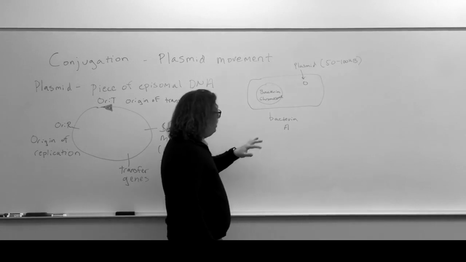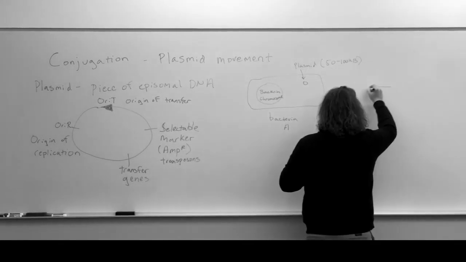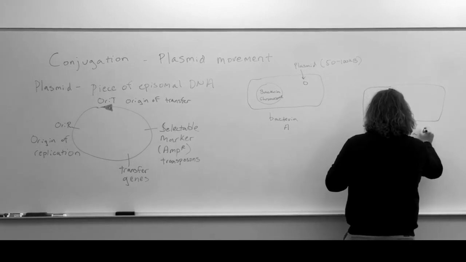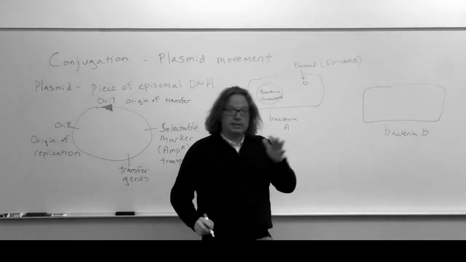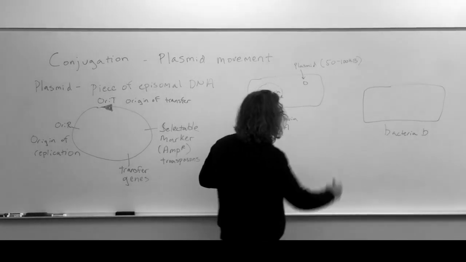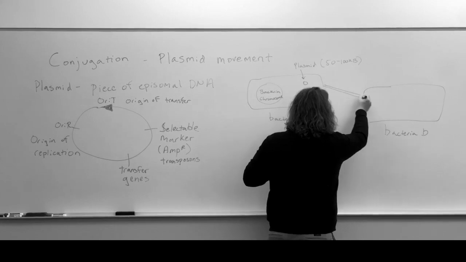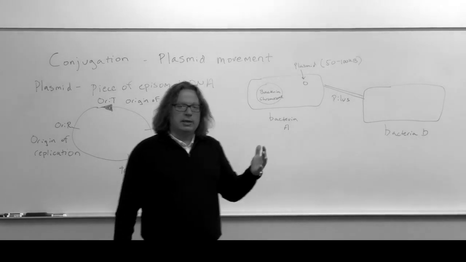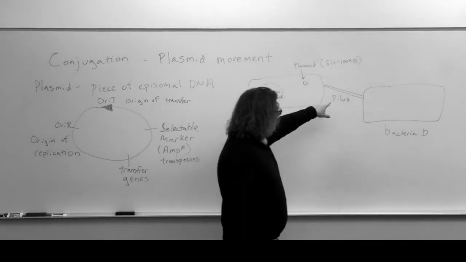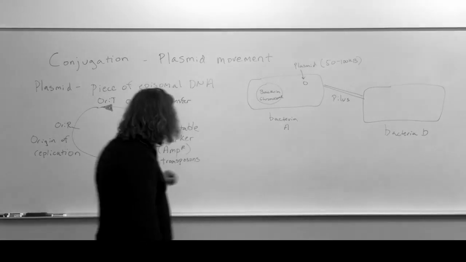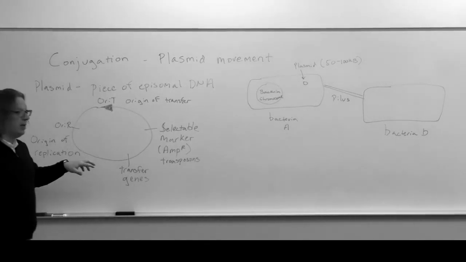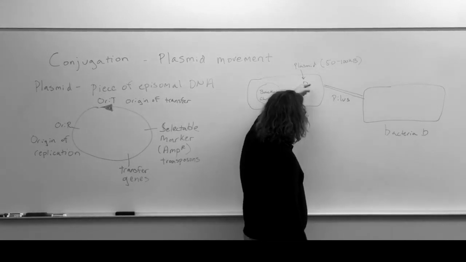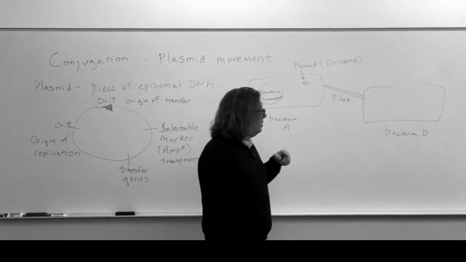And when bacteria A comes in contact with bacteria B, it can actually transfer the plasmid using a structure called a pilus. And this is essentially the conjugation event. The pilus, or the protein components of the pilus, are encoded by these transfer genes, which encode proteins that are necessary for the movement of plasmid DNA from one cell to another.